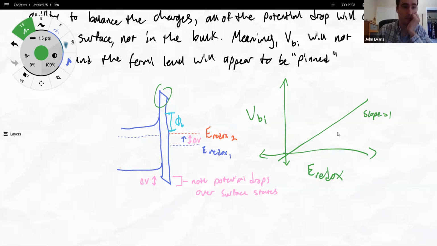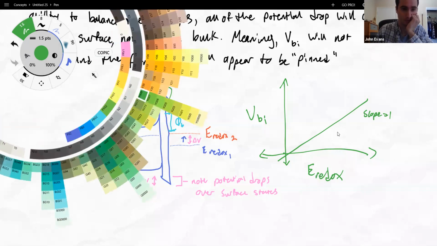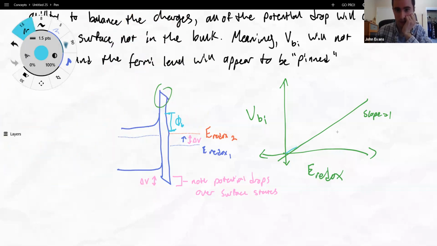But if you're doing your experiment and you see it's 1 for a while, and then it just sort of stops, and then it goes back up again, so like this region here, where the slope does not equal 1, that is an example of Fermi level pinning. But eventually it'll kick off again, right? Eventually you'll deplete all of your surface states and you'll be able to keep going.